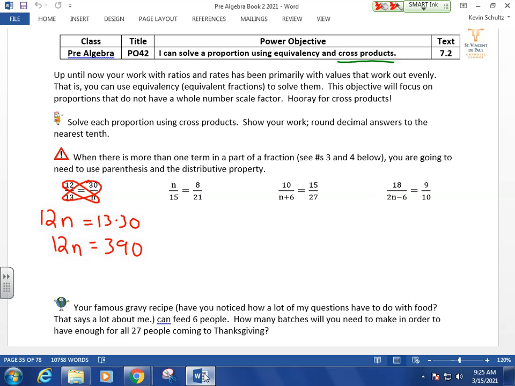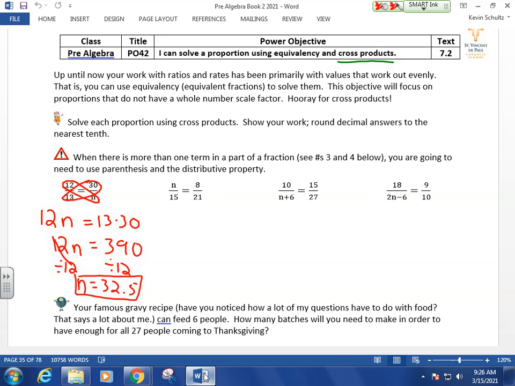Annika? Exactly. It's a one-step equation. Divide both sides by 12. On the left side, that gets n by itself. And 390 divided by 12 is 32.5.